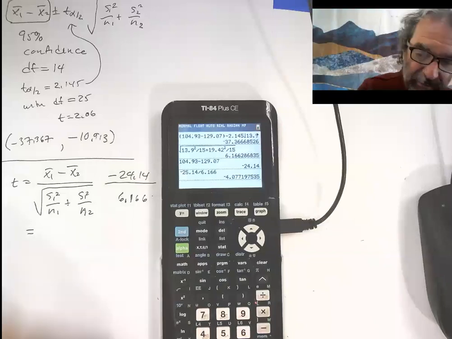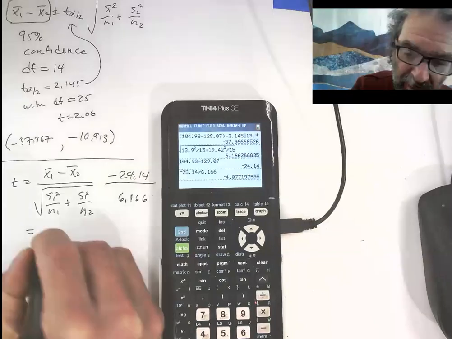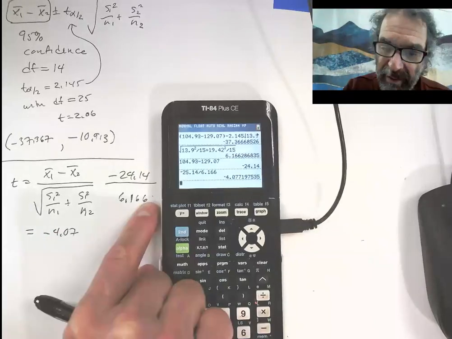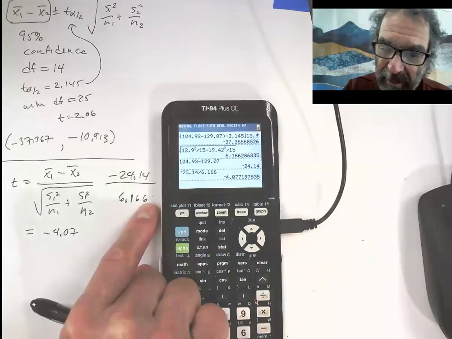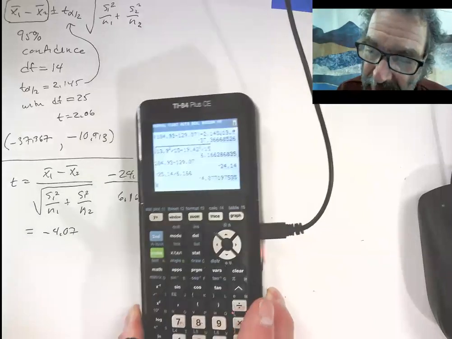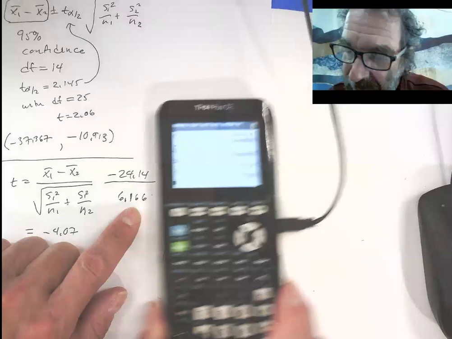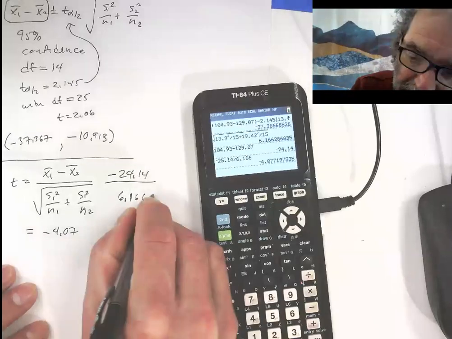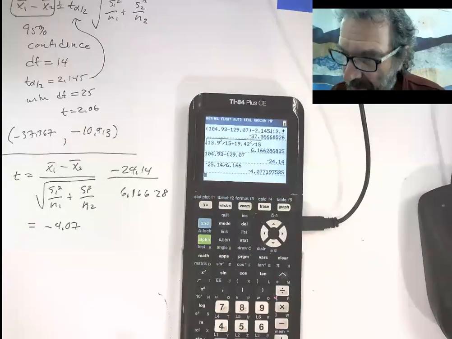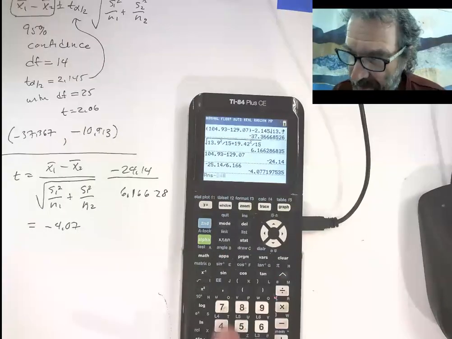4.07. So we rounded here. And so that, do we see what it was? It was 6.16628. Maybe if I put a 28 here, see what happens. It should be very close to the right thing. Try that one. Minus 24.14 divided by 6.16628.